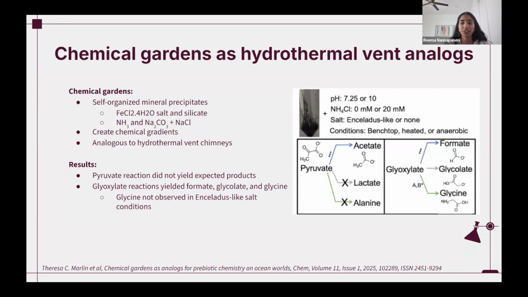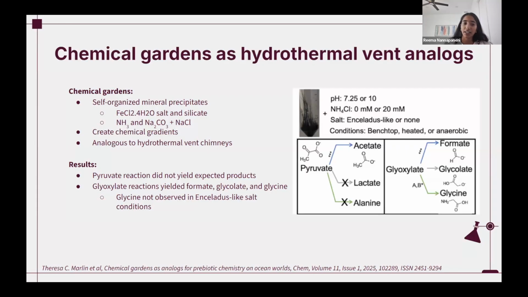In this study, researchers reacted chemical gardens with the same kinds of simple organic precursors discussed in the previous study, pyruvate and glyoxylate. They also again varied the pH and ammonia concentrations to mimic the diverse environments possible. The researchers did note that the pyruvate reaction actually didn't yield the expected products such as lactate or alanine. They noted that the NMR spectra contained a very complex distribution, so it made it difficult to actually identify specific compounds.